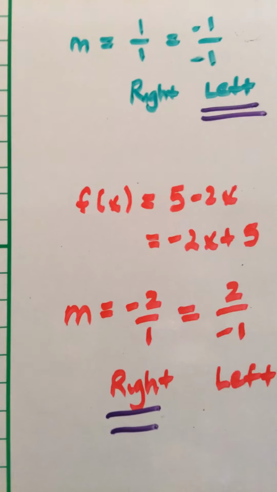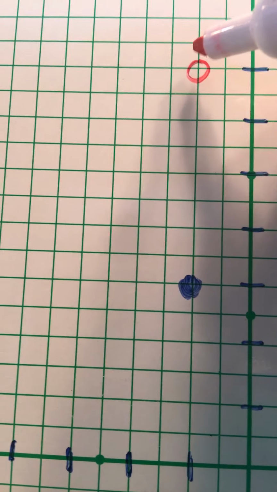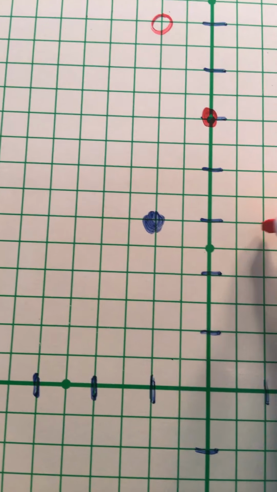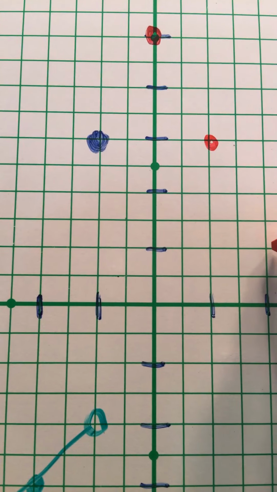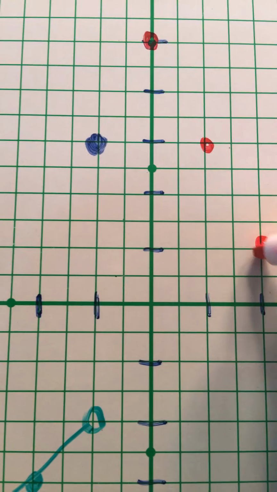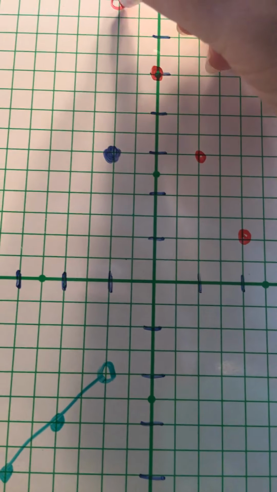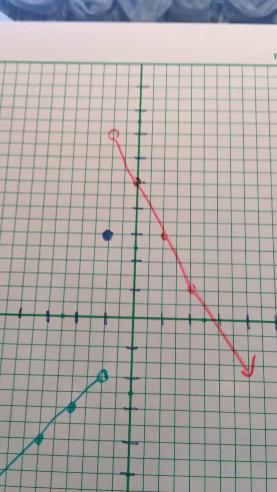It's open. I'm moving right, so down 2, right 1, down 2, right 1, down 2, right 1. I just did a whole bunch of extra ones. You literally only have to do 1 extra point when you draw these, but most of us do 2.